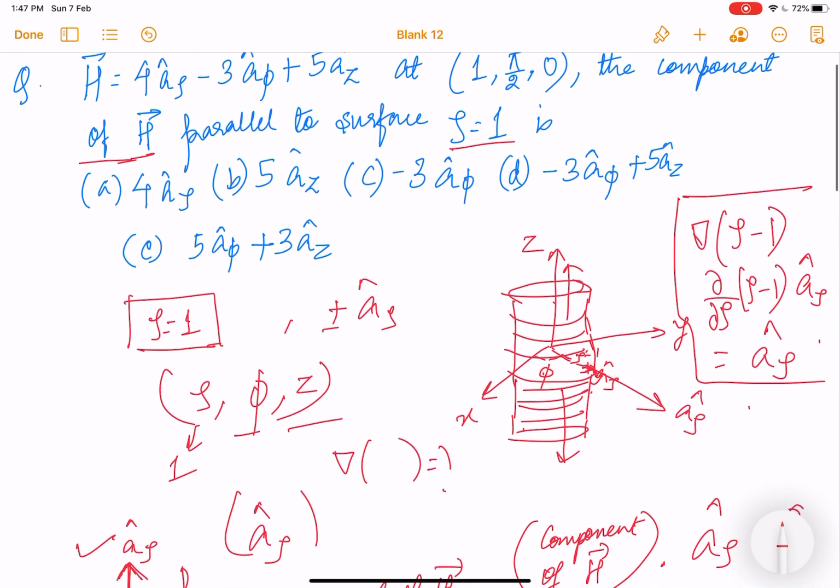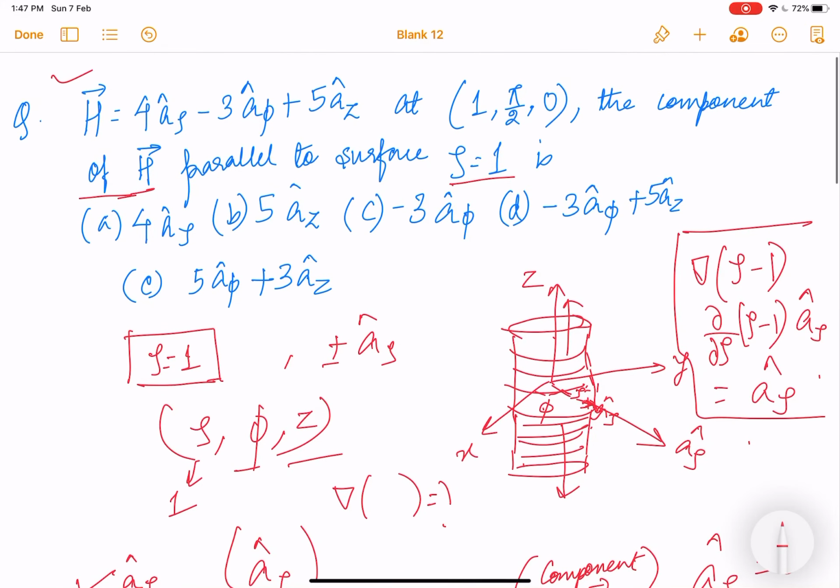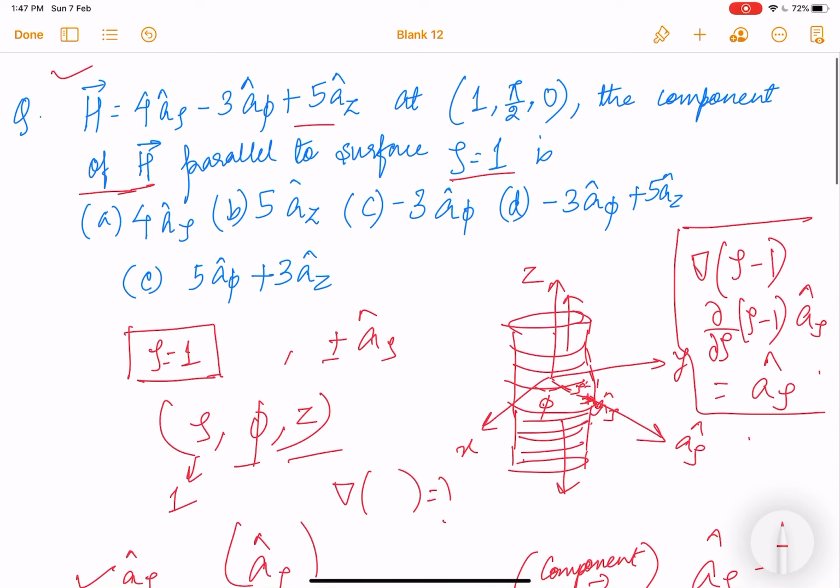And what is it that you've got in H vector? You've got 4 a rho cap minus 3 a phi cap plus 5 a z cap. So if I do a rho dot a rho, then I'll get some value. But if I do a phi dot a rho or a z dot a rho, then obviously I'll get 0.